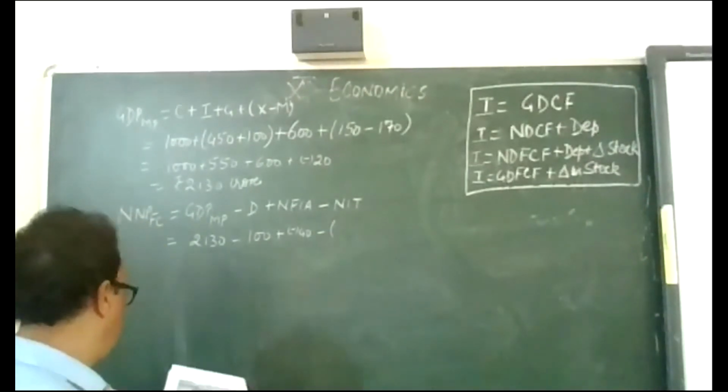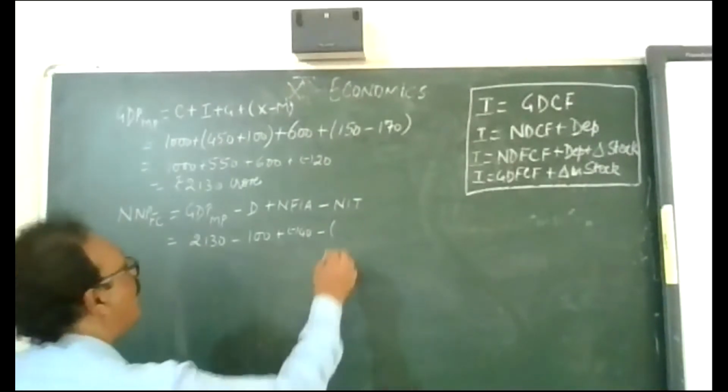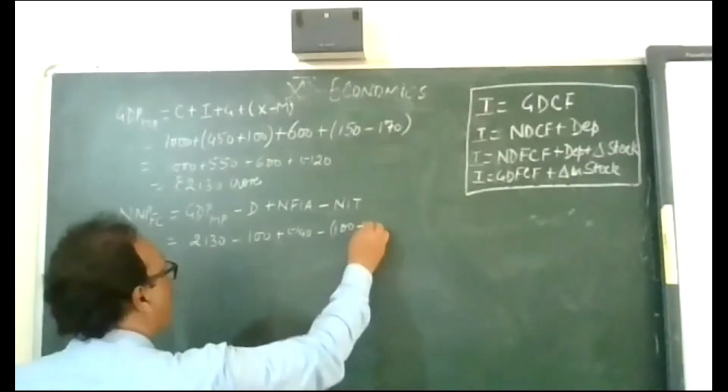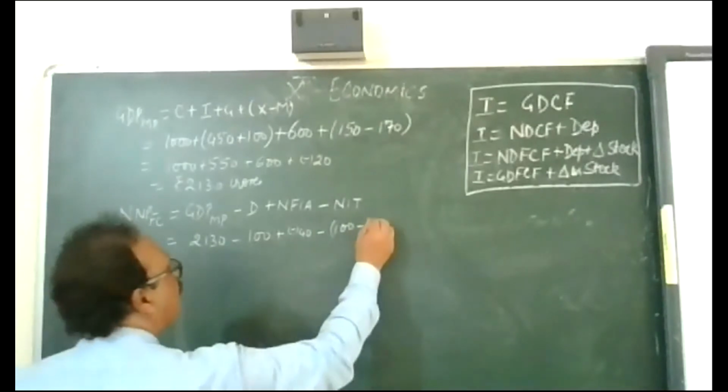Indirect taxes is given as 100, minus subsidies 75.